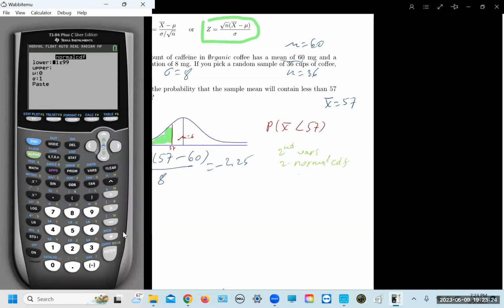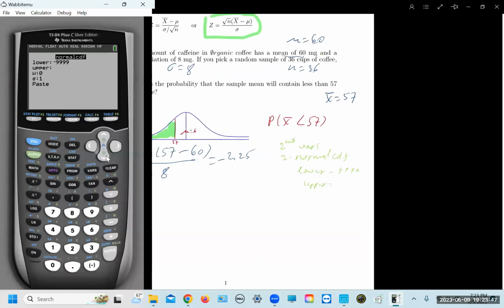So we have the lower, minus 9999, whatever you got, and the upper is, because we got the Z right there already.